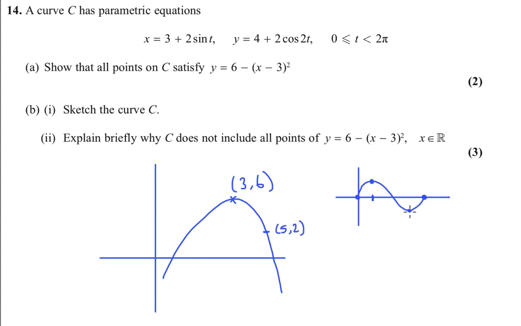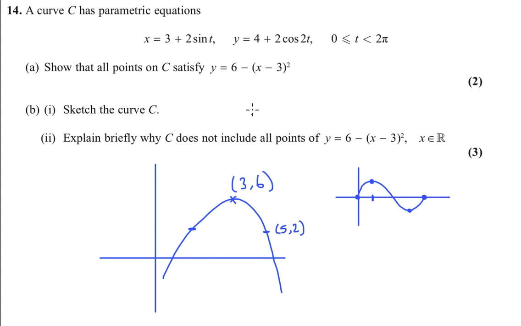The other point is going to be when sine t is at its minimum, and that's when that's equal to minus 1. And 3 plus 2 times minus 1 is going to be 3 minus 2. So that's going to be x equals 1. So that's going to be on the other side here, and I'm guessing it's going to be the same height.